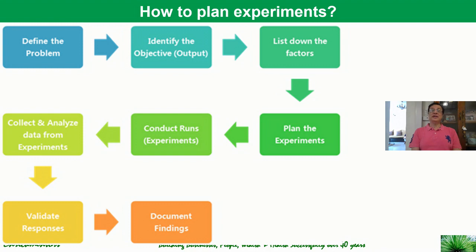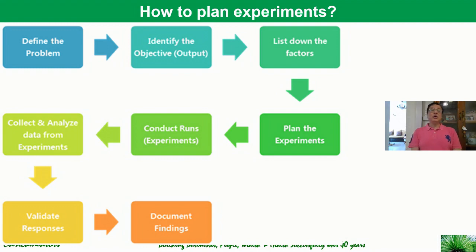So you determine the y first, and then the various inputs that are required. Once you have determined the factors, you plan the experiments in a very controlled manner, one by one. Then you run the experiments, analyze the data, and come to a conclusion on which inputs have the maximum impact on the output, and what the optimal levels of those inputs are. That's how you plan the experiment.